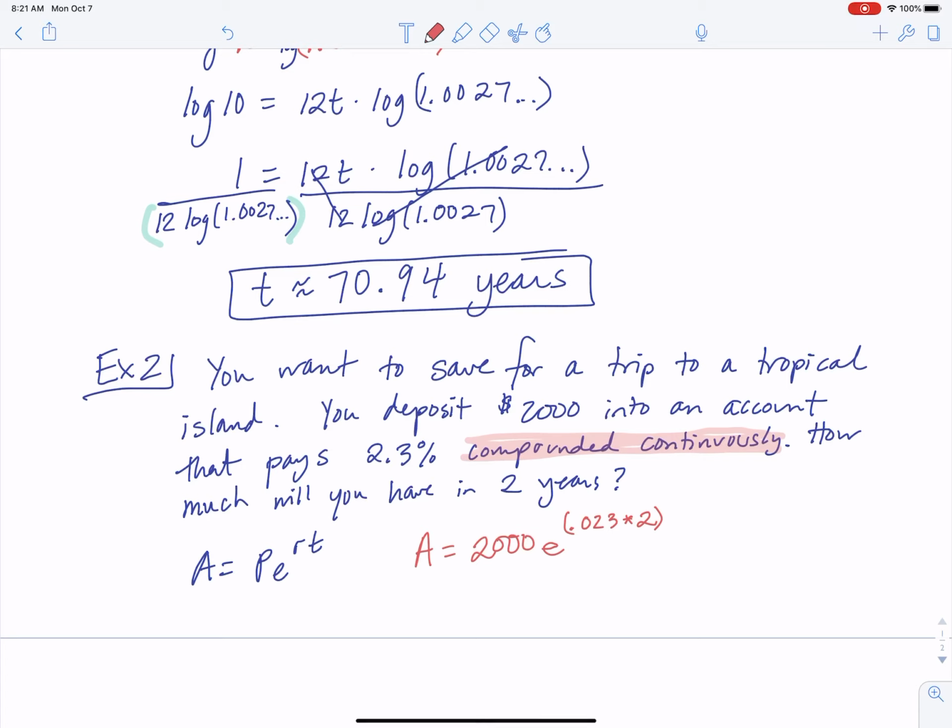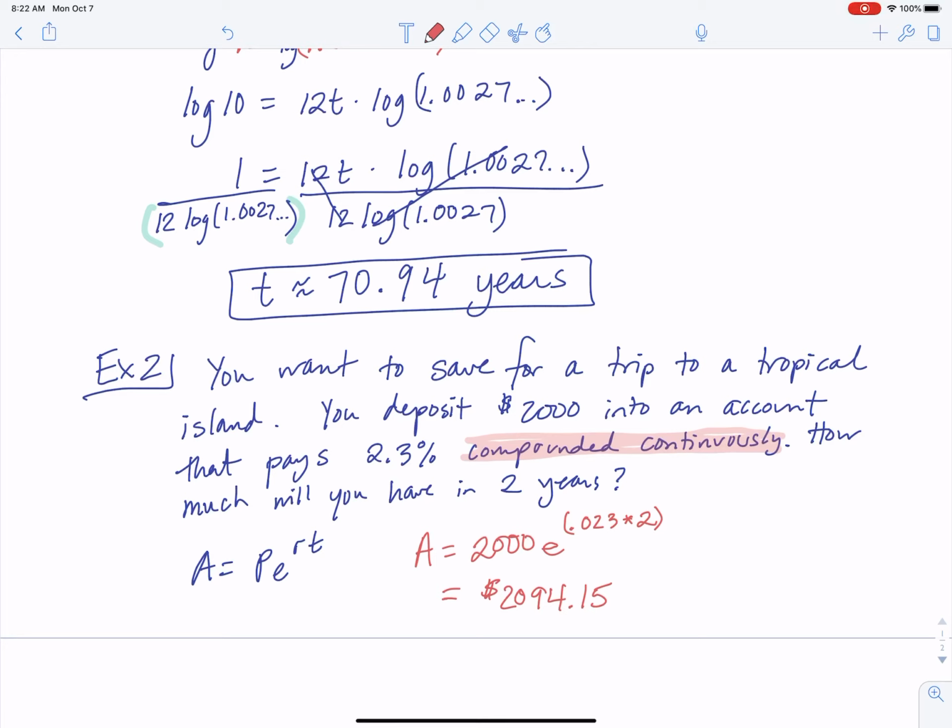All right, so you should have gotten $2,094.15. I don't think you're taking that trip anytime soon. So, as you can see, saving in this way is not very effective.